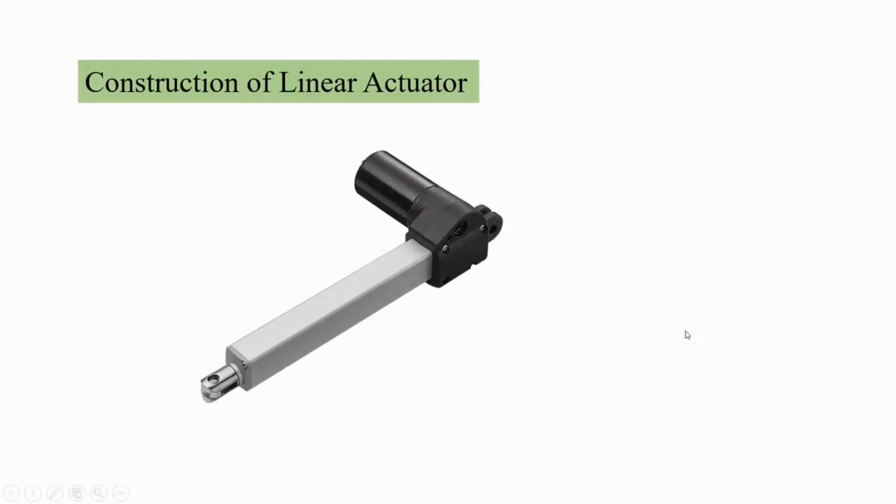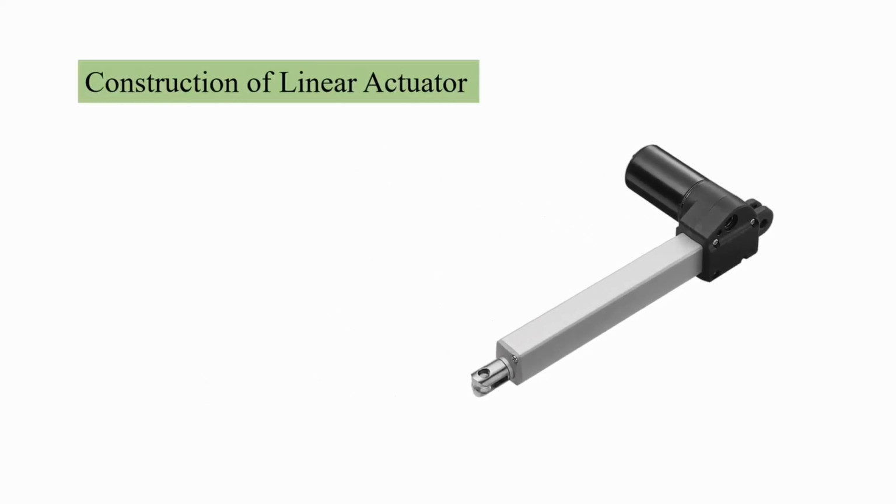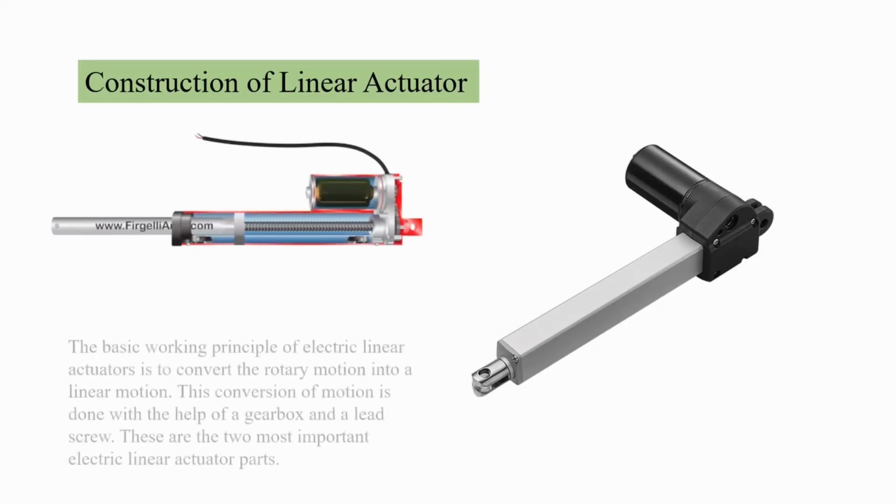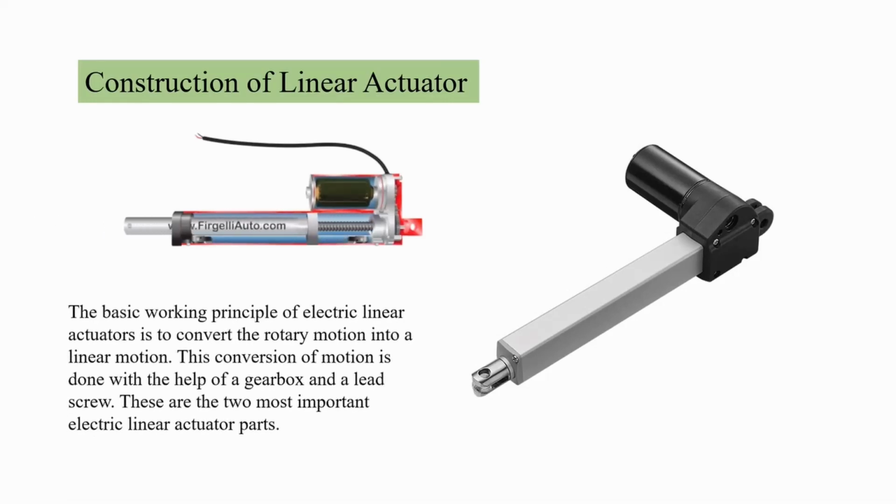Now we will see the construction of the linear actuator. Here we are observing the mechanism of our linear actuator. The basic working principle of electric linear actuators is to convert rotary motion into linear motion.